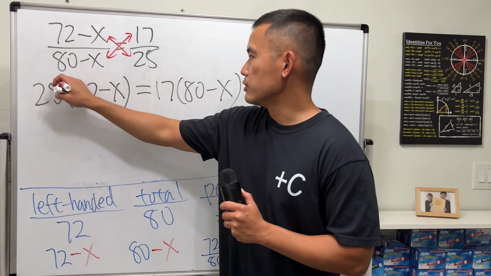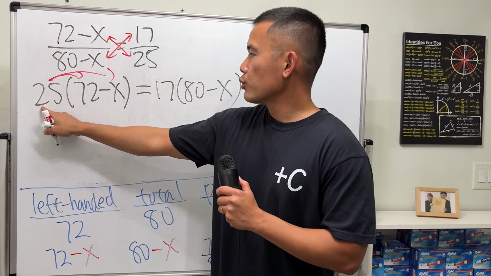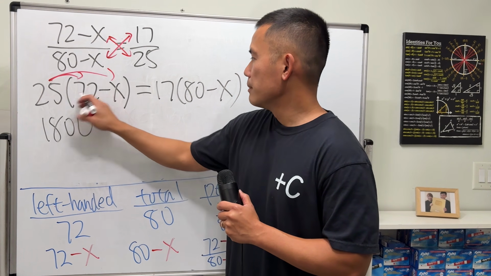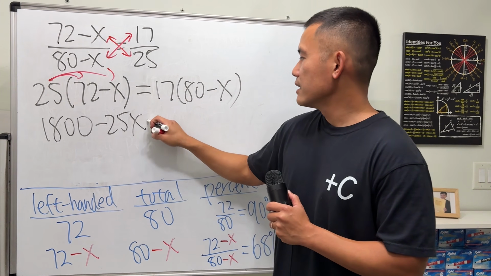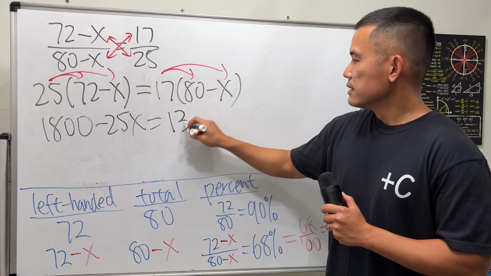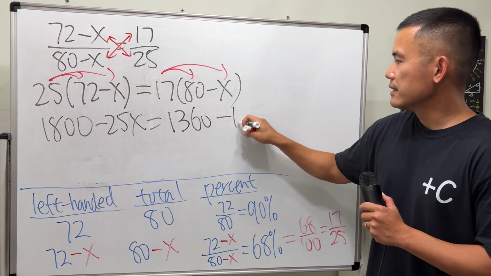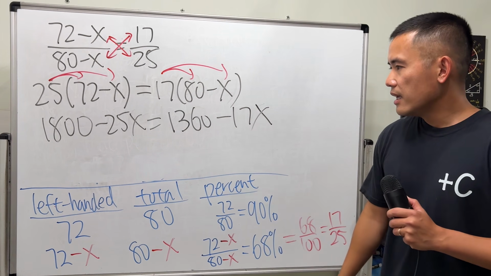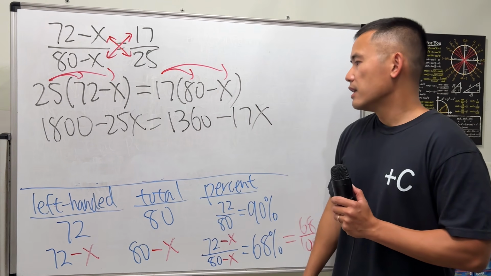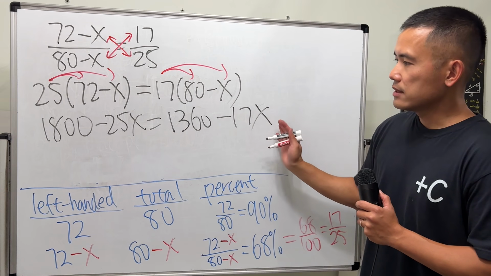And then we just have to distribute. 25 times 72, we get 1800. And then minus 25x. And then continue. This times that should be 1360. And then minus 17x. And then because we have numbers on both sides and x on both sides, I'm just going to move all the x to the other side.